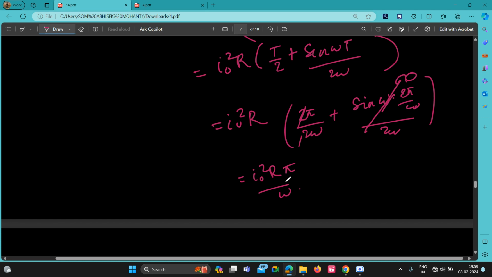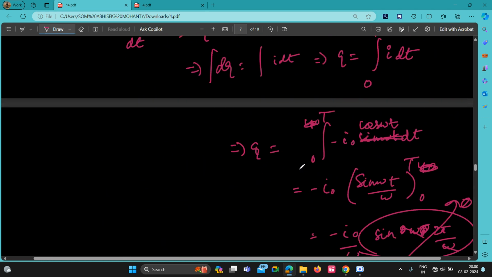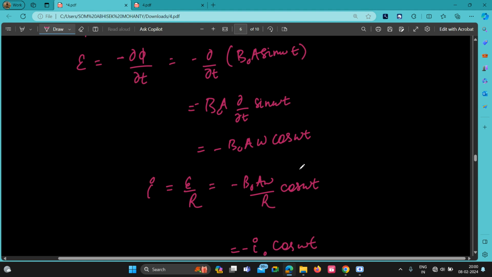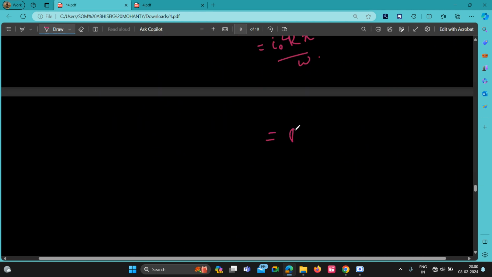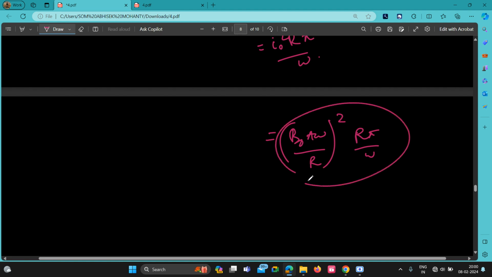Is that alright? Now I naught is how much? If you remember, I naught is B naught A omega by R. So just put it there, B naught A omega by R whole square. Now you just have to simplify it. Put the values, you will get the answer, and tell me how much you're getting.